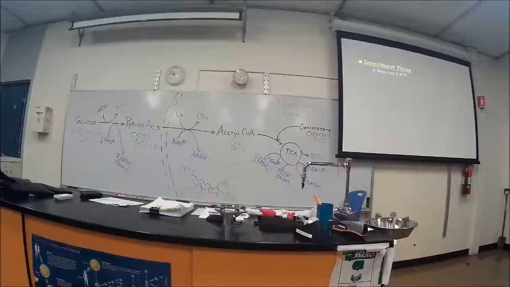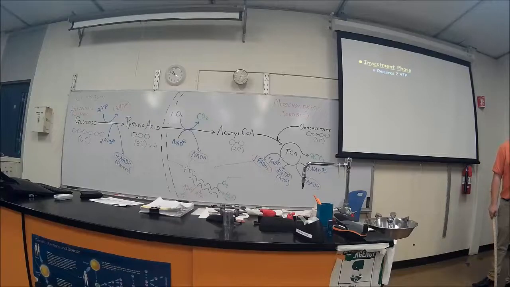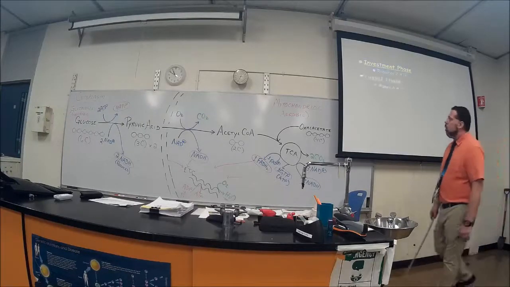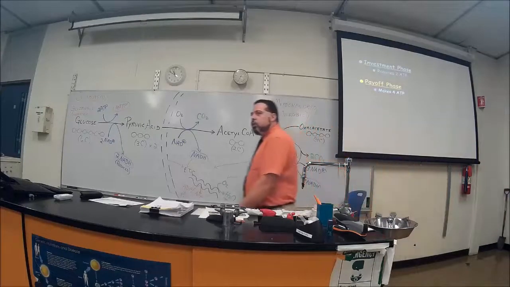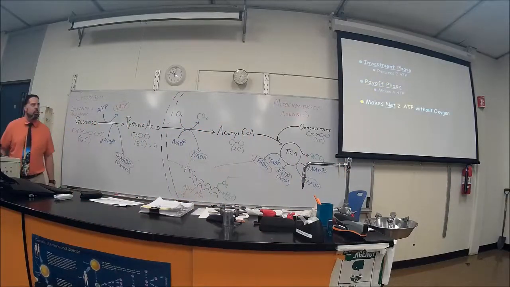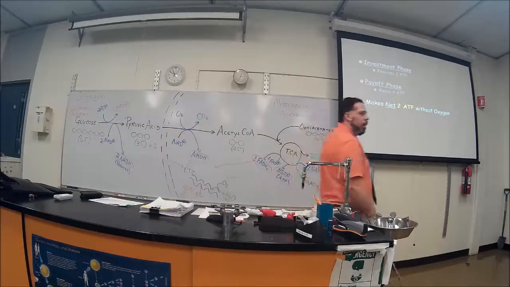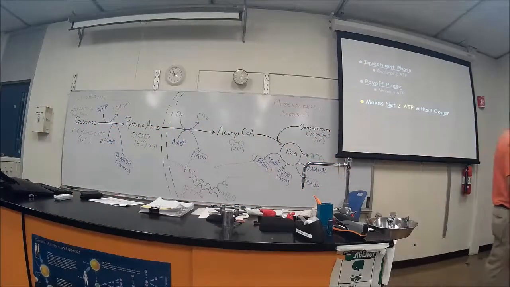There's an investment phase going on with this. We need to use 2 ATPs to get that running. But the payoff is that you get 4 ATPs. So you make net 2 ATPs. And that's done without oxygen.